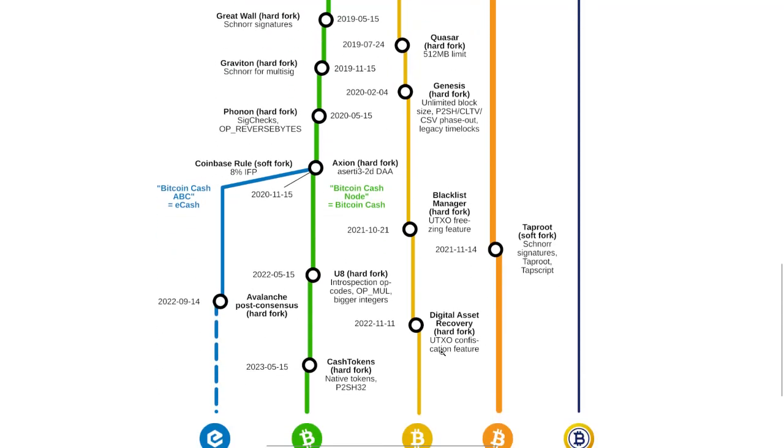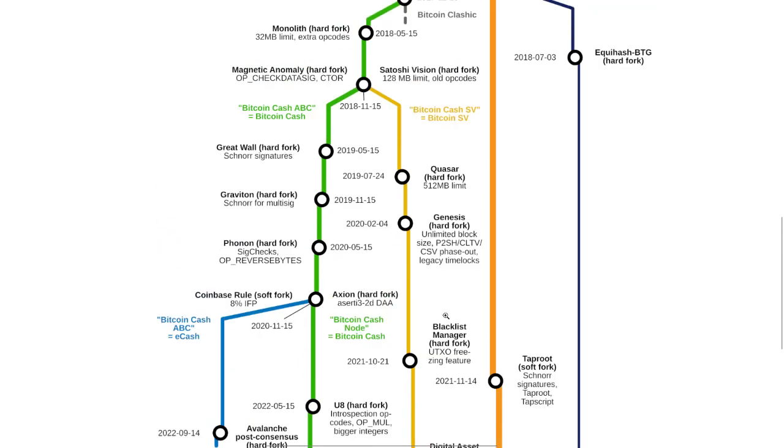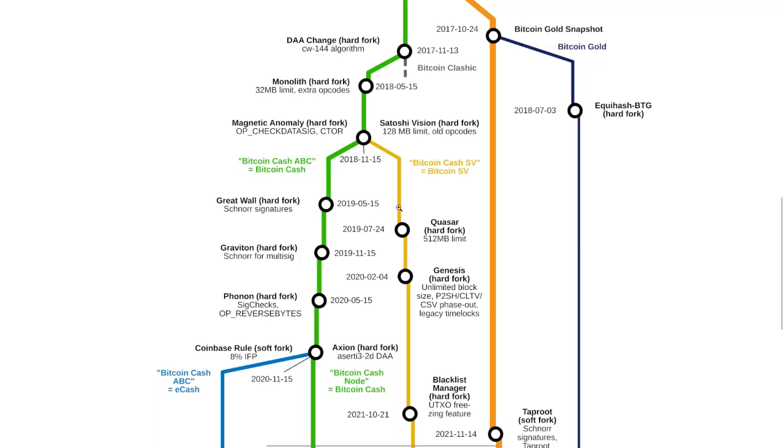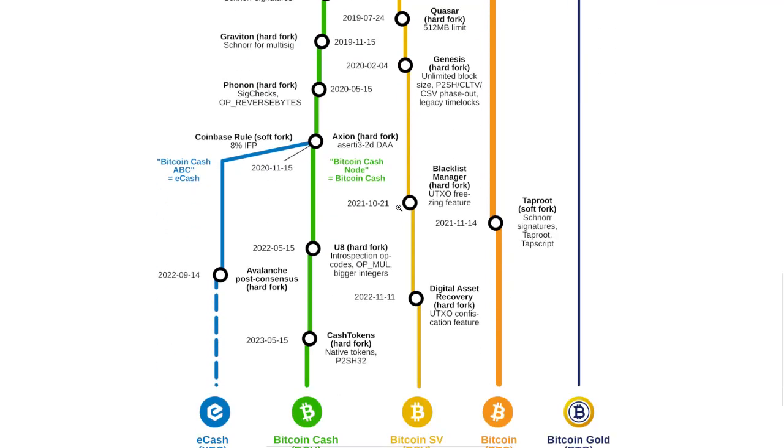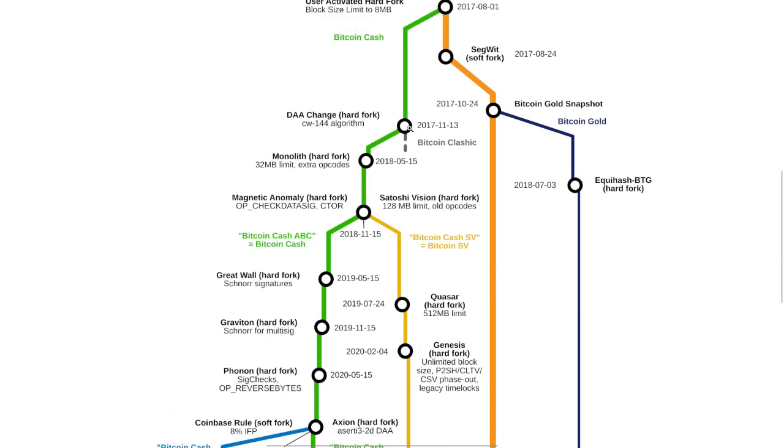And then more recently, they added a UTXO confiscation feature. They call this digital asset recovery. This allows miners to confiscate certain Bitcoin SV on their blockchain. So they have gone down a very controversial path.